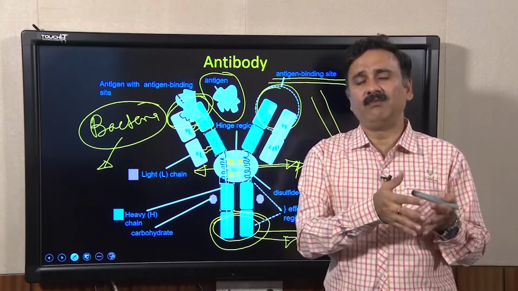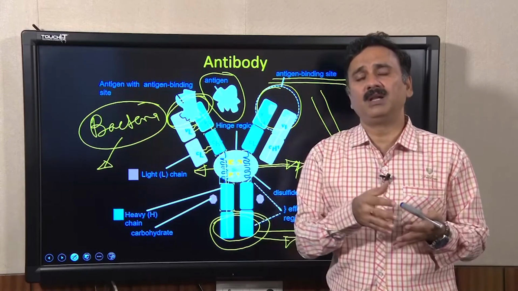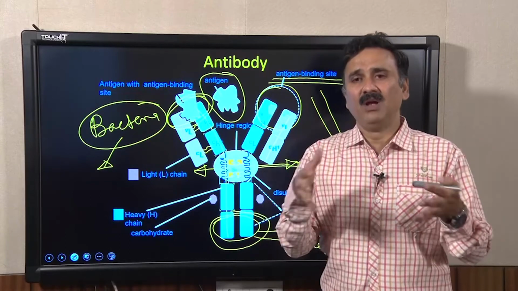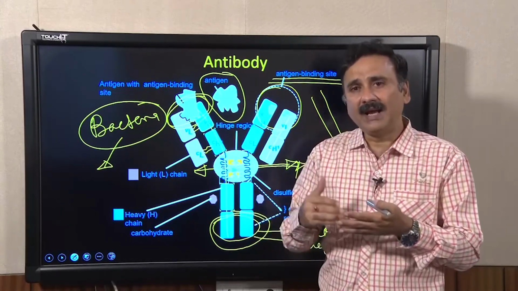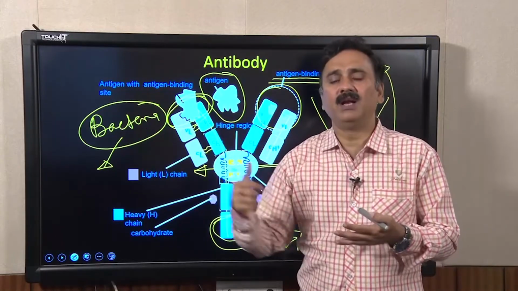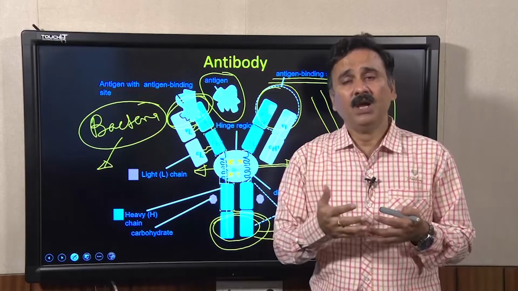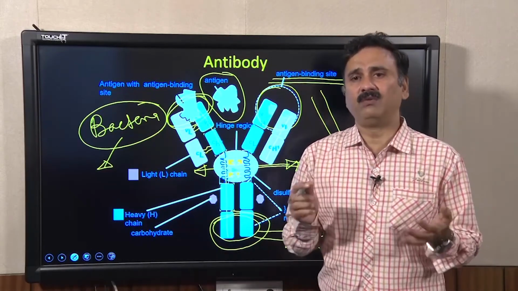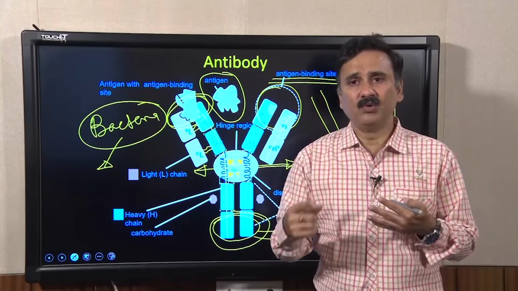Either it would be in the form of production of more antibodies, or in the form of production of cytolytic enzymes, free radicals and all other kinds of immune responses, so that this foreign antigen or foreign pathogenic organism could be destroyed. So, this is the main function of the antibodies in the immune response.